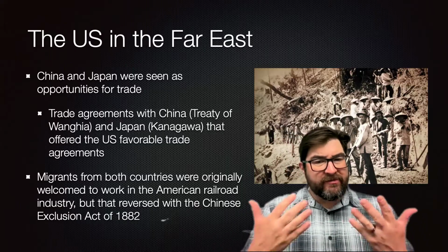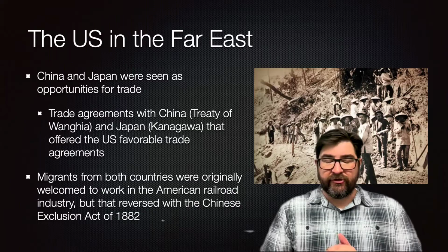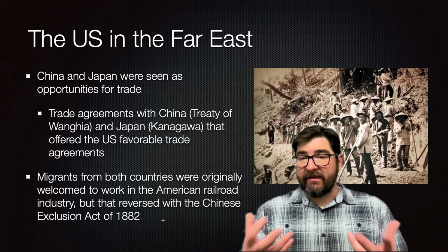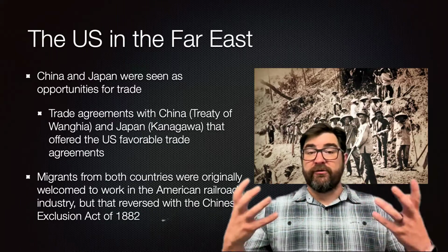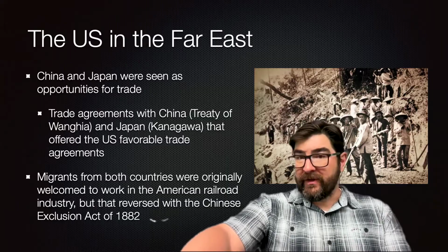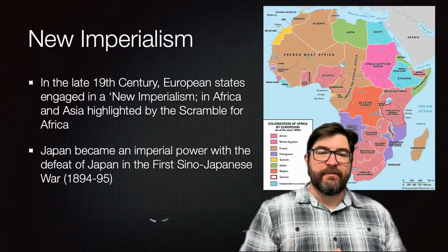But that would be reversed for the Chinese, at least, with 1882's Chinese Exclusion Act, where many politicians had felt that the number of Chinese people moving to the United States had grown too large, and they put this restriction that virtually ended the ability of Chinese people to move to the United States.